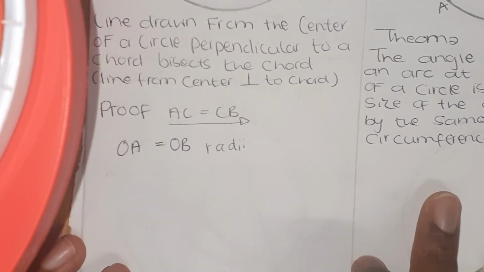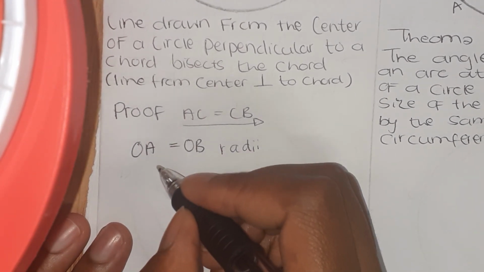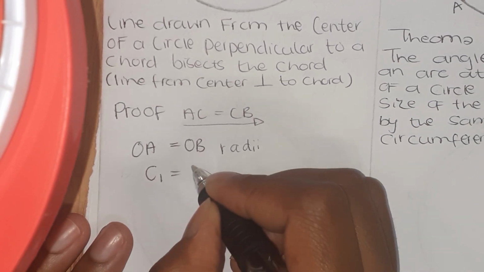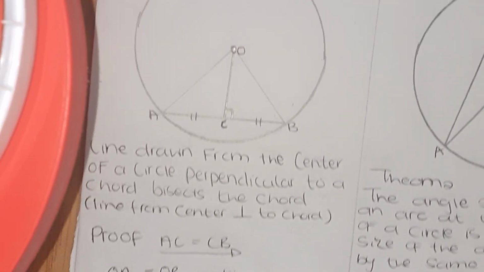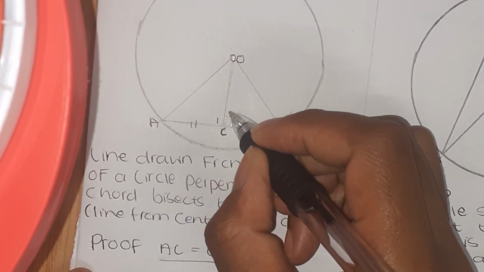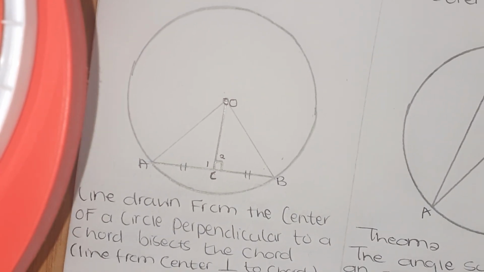And then now let's go to the second one. We will say C1 equals to C2. Now we have C here, right? So this is C1 and this is C2. Sometimes, guys, they will give you an extra sheet with all the circles in a question, and there will be extra circles which are not part of the question, but they're just additional.